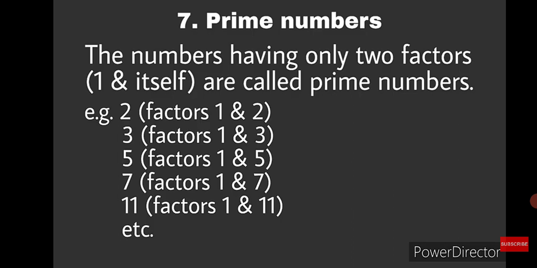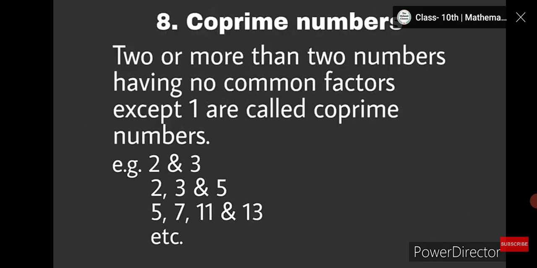The factors of 2 are 1 and 2 only. The factors of 3 are 1 and 3. The factors of 5 are 1 and 5. So these numbers are called prime numbers.